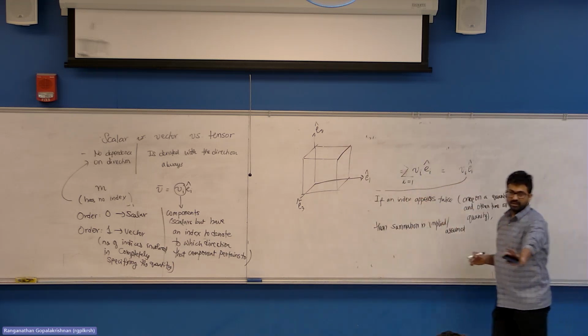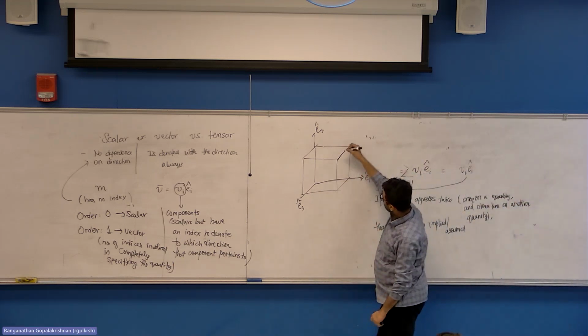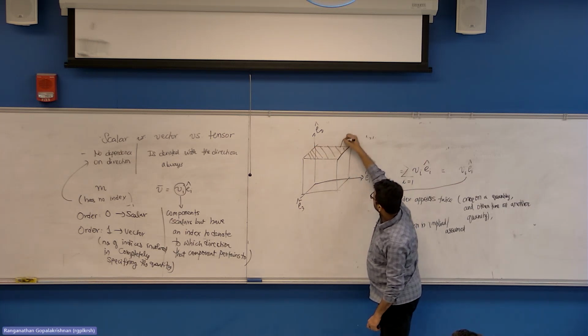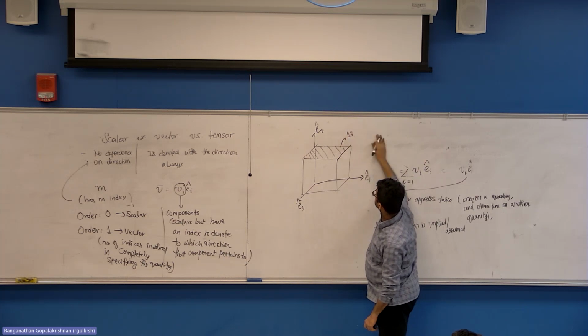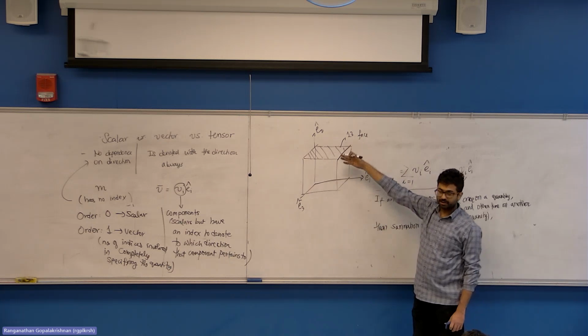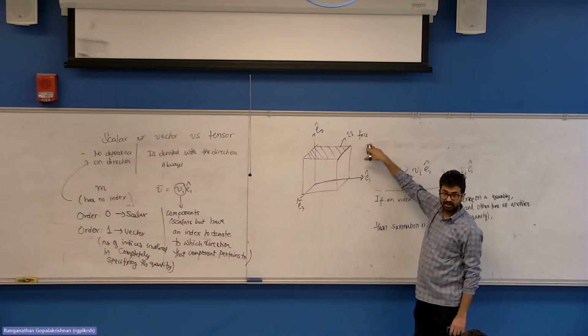So take a listen, don't worry, I'll give you time. So if I take this top face, we'll call this the 1-3 phase, because it's defined by E1 and E3 directions perpendicular to the direction 2. So we'll call this the 1-3 phase.